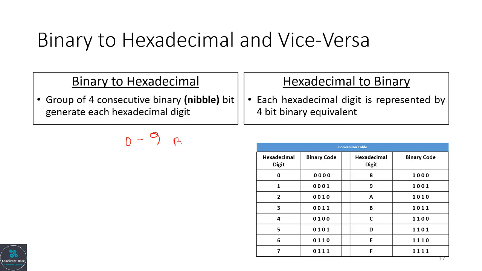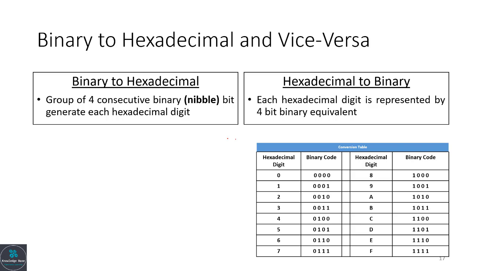In the case of a hexadecimal number, a digit can be greater than 9. So 0 to 9 and A to F are the hexadecimal digits, right? So do not confuse the BCD number with the hexadecimal number. Clear?